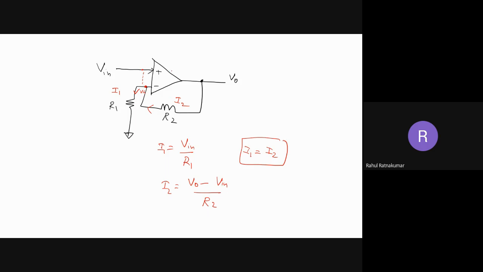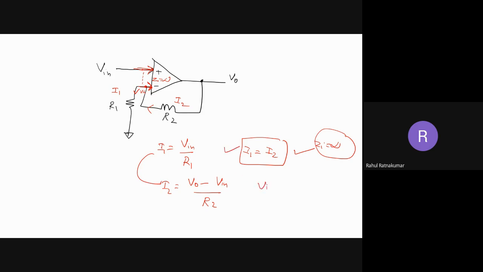Because the input impedance of the op-amp is infinity, so there is no current going inside the op-amp. All of this happens using the feedback principle, right? So I1 equals I2, which is very easy because input impedance is infinity, and I1 equals V in by R1. So we can equate them.